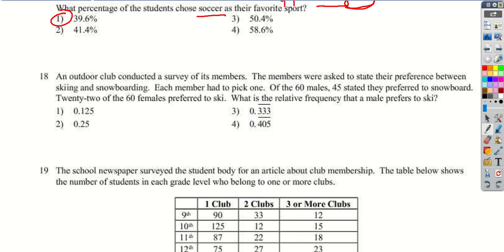Here there's just the answers. So what's the relative frequency that a male prefers to ski? So there's 60 males, and 22 of the females prefer to ski. So they want to know the male who prefers to ski. So we have to actually figure this out.